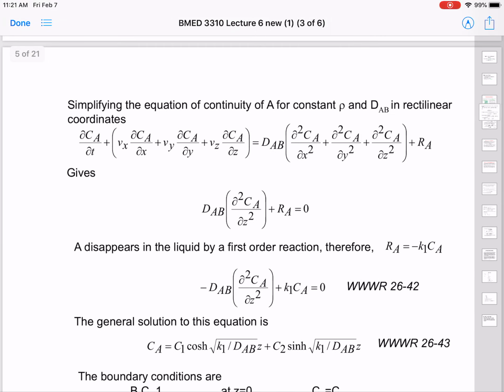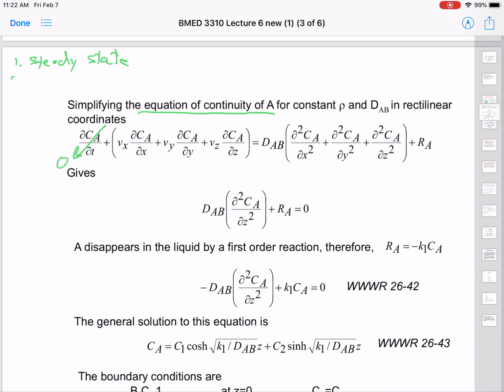Moving on, we're going to use, again, your favorite equation, the equation of continuity. And this is in rectangular coordinates, so now we see x, y, z instead of theta and phi. Okay, so we're going to make some assumptions here. The first one is that it's steady state, and that means that this term is 0.